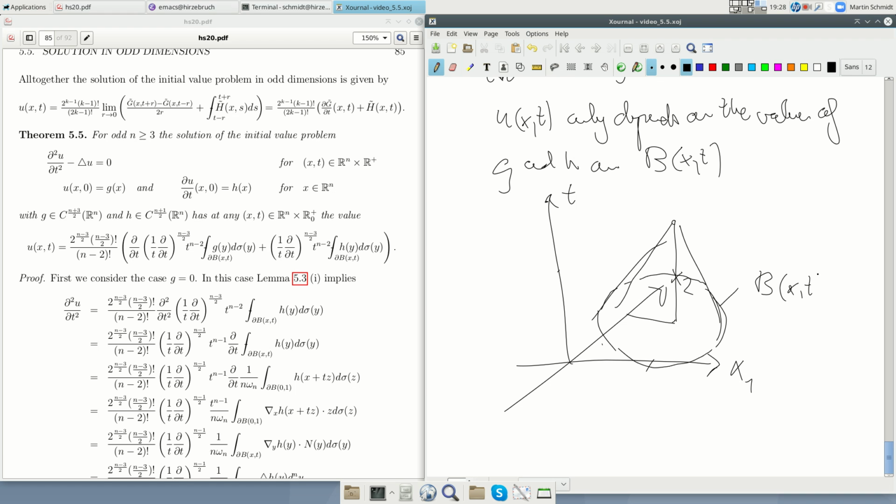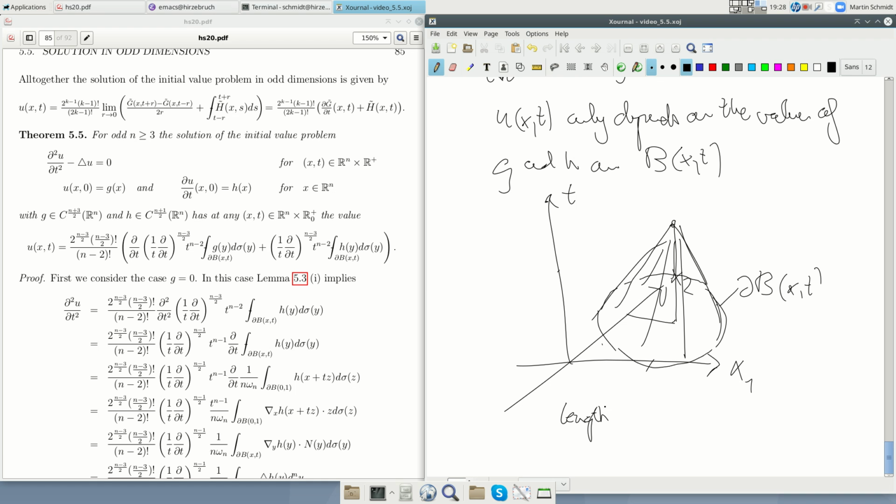B of x, t, and we see that all the straight lines going from one point of the boundary of this ball to this point have velocity of length 1.